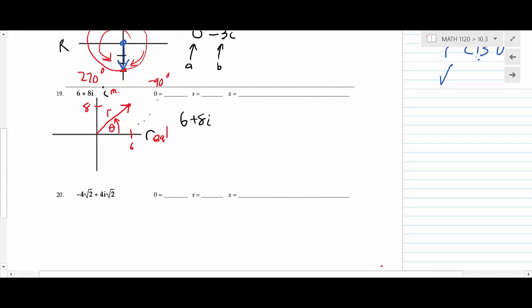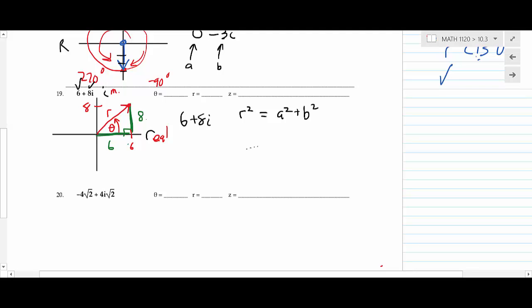Well, what you have on this is a right triangle, with that side being 8, and this side of the triangle being 6. So, of course, that's the Pythagorean Theorem again, isn't it? If you've got 6 and 8 as the legs of that right triangle, then all you need is r squared. It's really r squared equals a squared plus b squared, where a is 6 and b is 8.